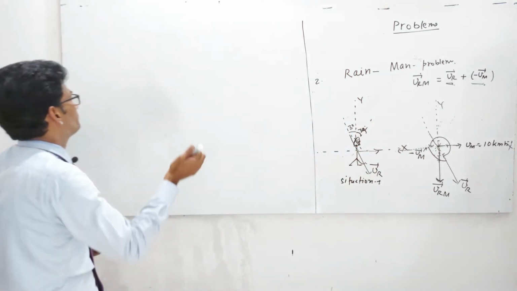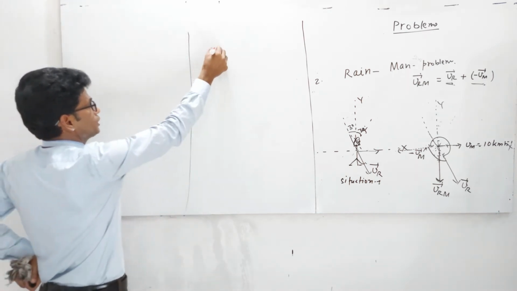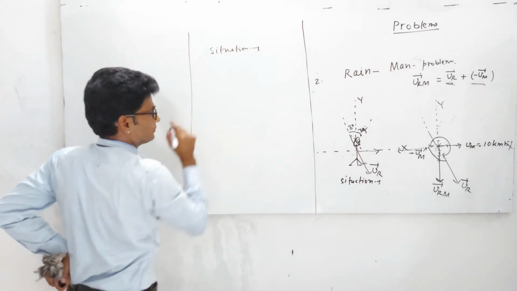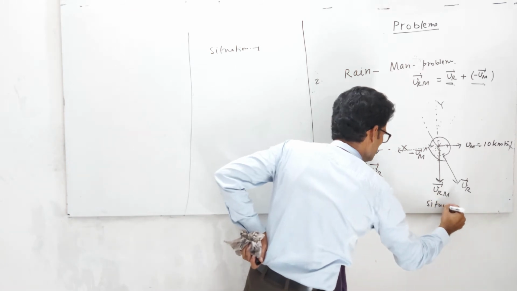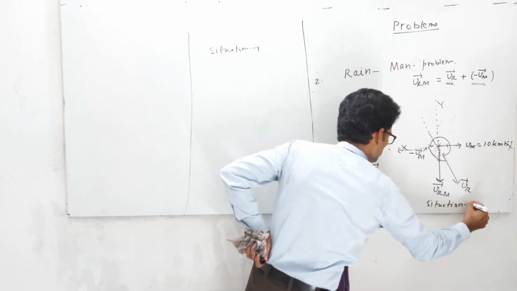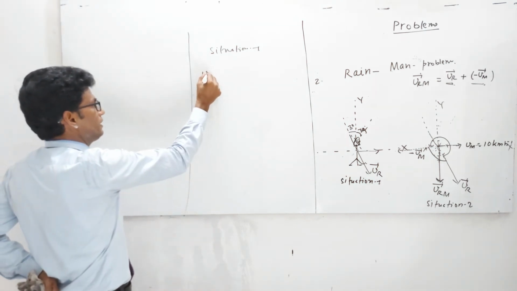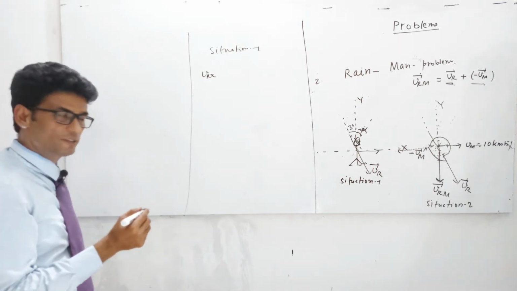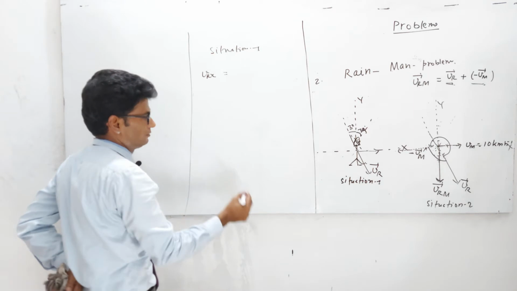So here is situation 1. This is situation 2. Here Vrx, the actual x component of the rain or raindrops, is equal to mod Vr.